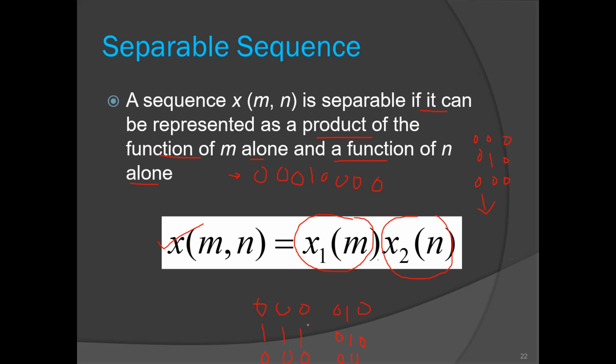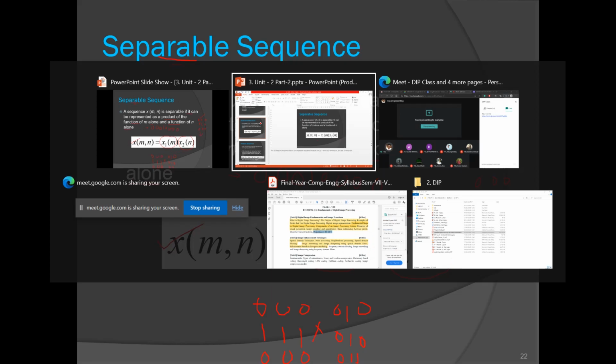If we multiply element by element, we will get the original signal. So this 2D unit impulse function is a separable sequence. That is one of the examples that I wanted to discuss. So now we'll stop.